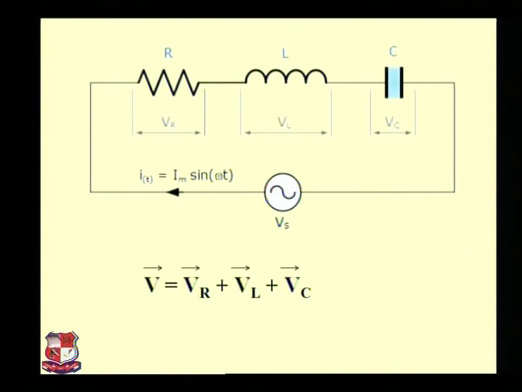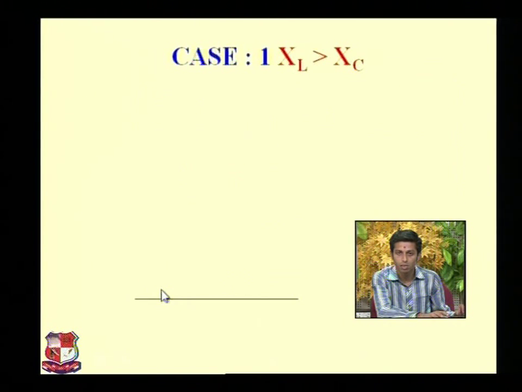Okay, so let's go for the three conditions in this series RLC circuit, and then we can get the relation between the voltages. So three types of impedance we can get. Go for case number 1. In our circuit, if XL is greater than XC. What is the meaning of XL greater than XC? XL is inductive reactance and XC is capacitive reactance.